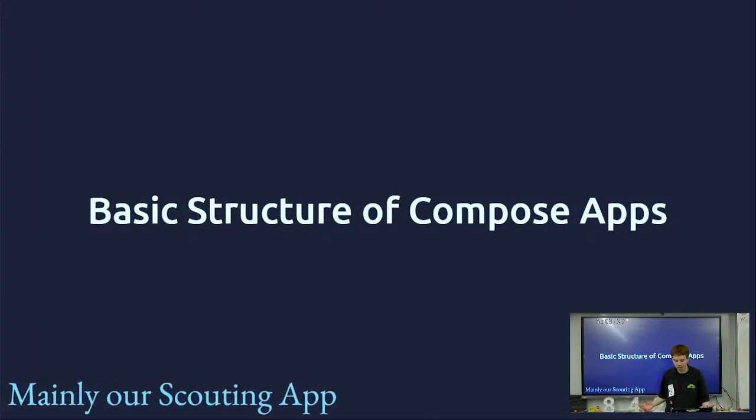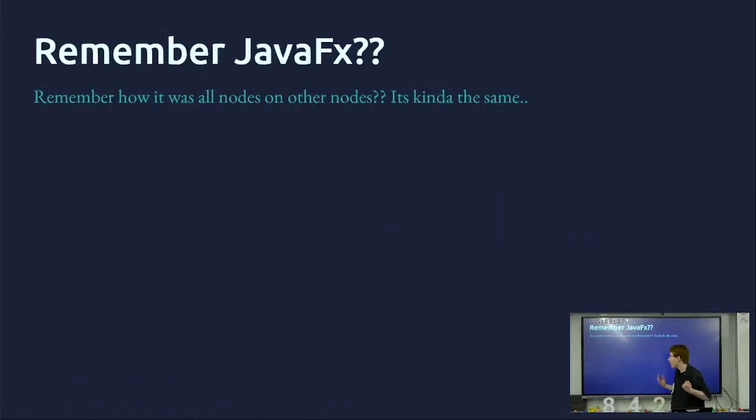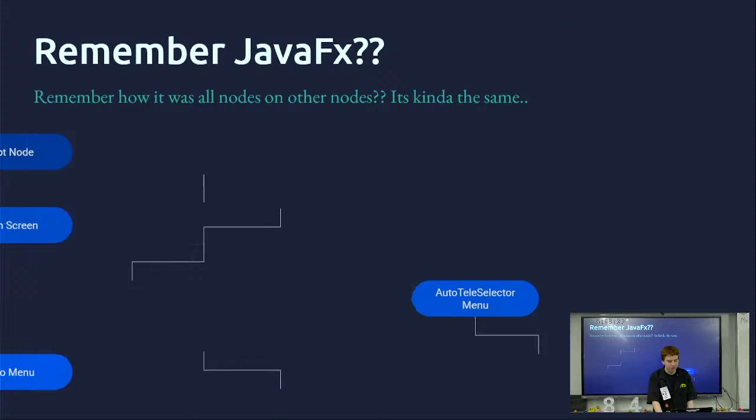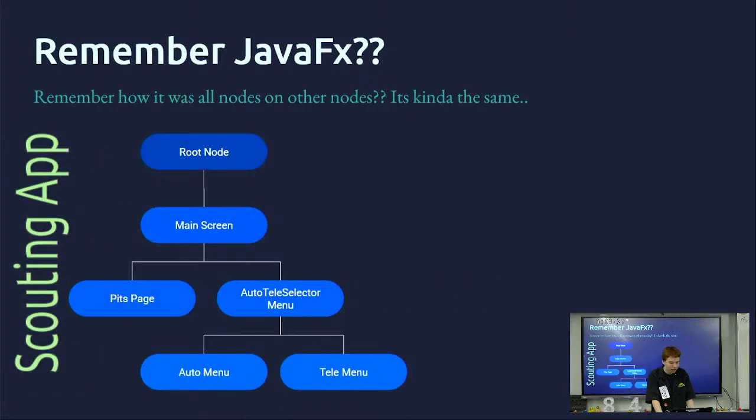Basic structure of Compose apps. Remember JavaFX, this is from my training slides, and that's why it says that. Anyways, pretty much the scouting app, how we run it is we have a root node, main screen, and then we have a pitch page, auto tele selector menu, auto menu, and tele menu.